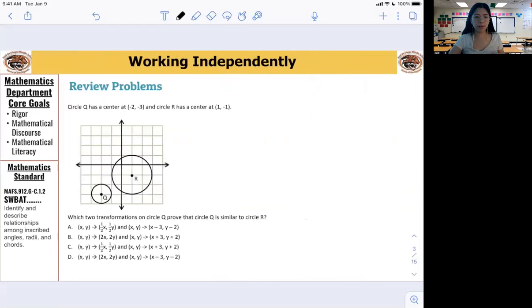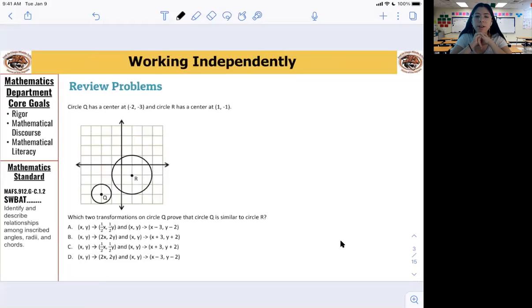So this one, let's do it in the poll. Same rules as yesterday. I want to see 100% participation from everybody. And read carefully.